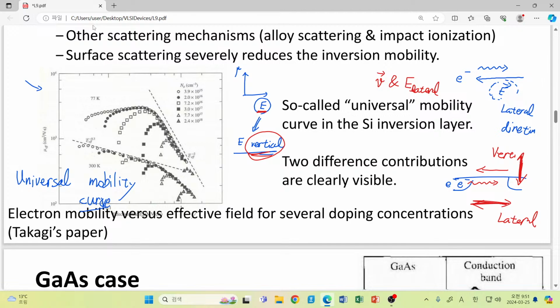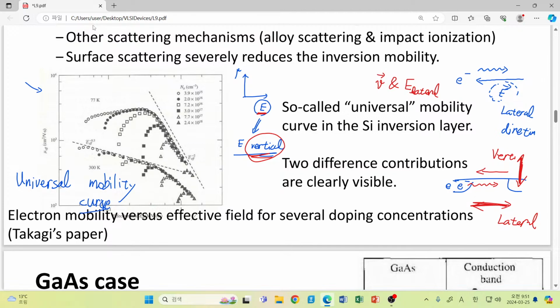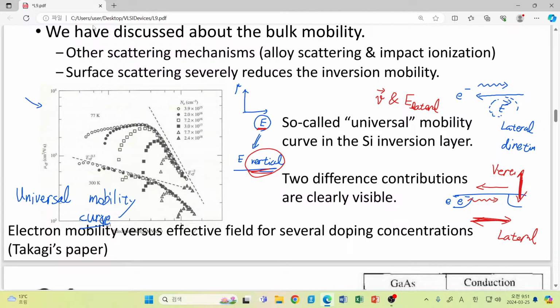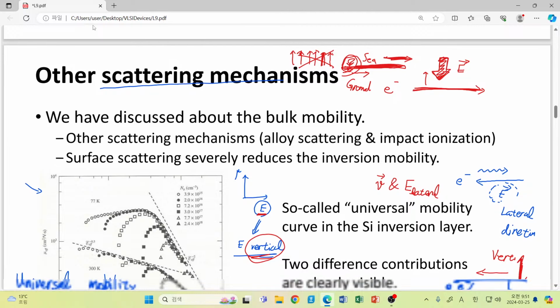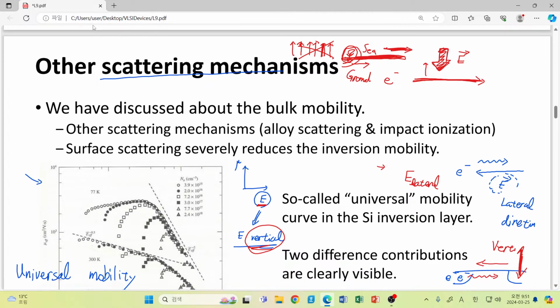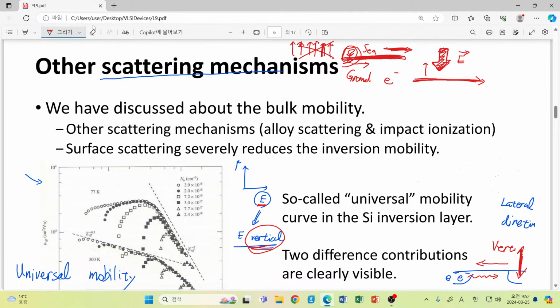Why is it quite important? It is because of the basic mechanism of getting electrons into our MOSFET channel. Let me explain a little bit further. I assume that everybody understands the structure of MOSFET. Here we have a good wall called silicon dioxide, and here we have silicon.